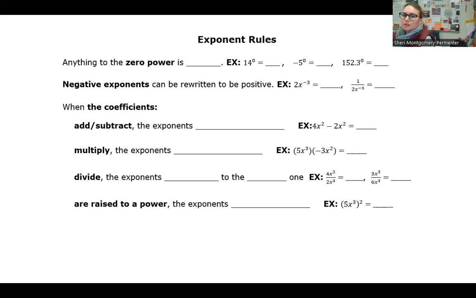Take your earbuds out. The first blank, anything to the 0 power is 1. So what would 14 to the 0 power be?